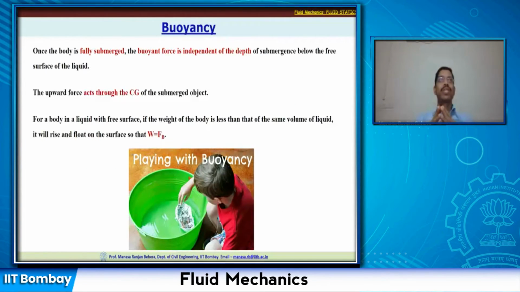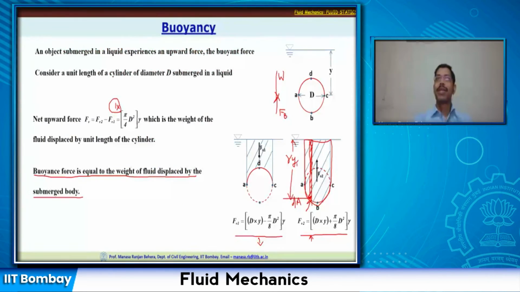Once we have understood what is buoyancy, once the body is fully submerged, the buoyant force is independent of depth. If you look at the figure again, this expression that we have written is not dependent on depth, it is completely dependent on the body, or the volume of the body.